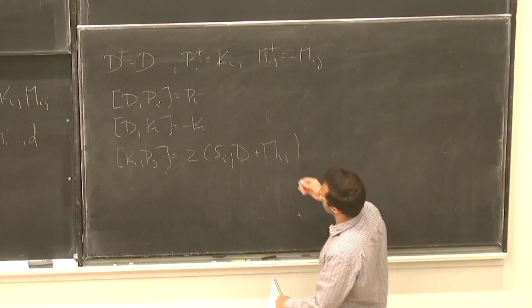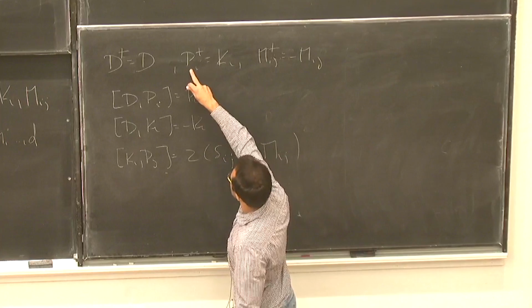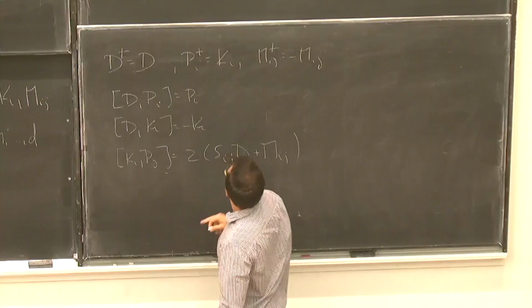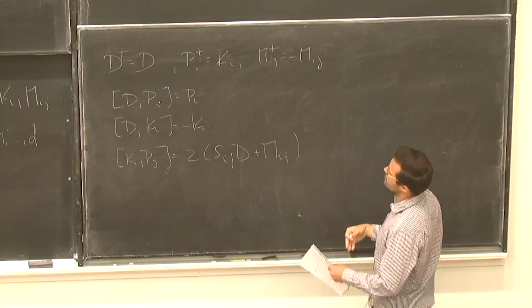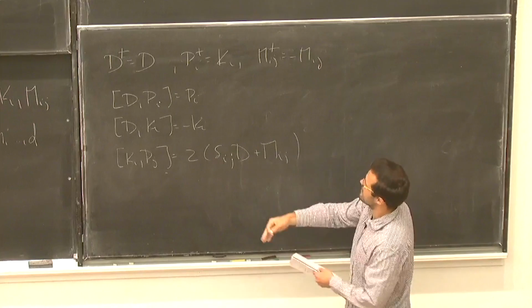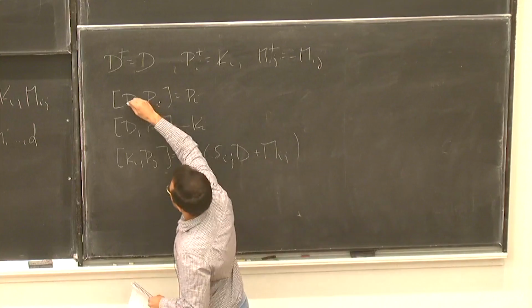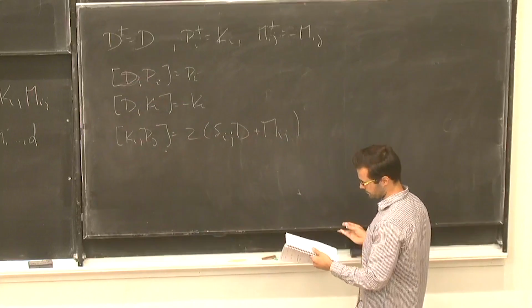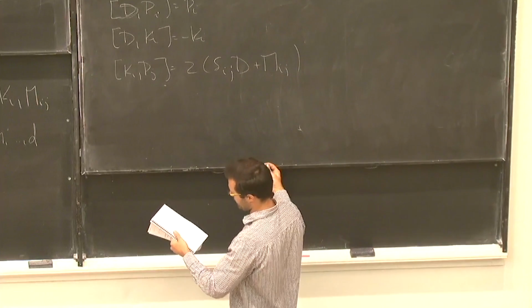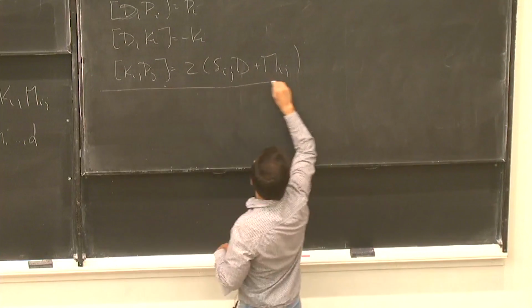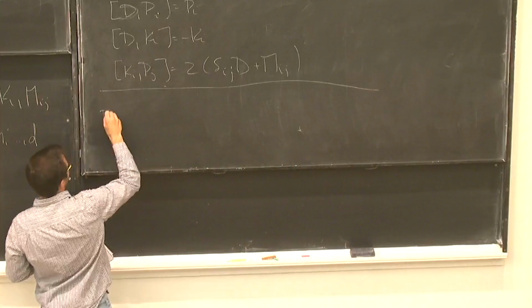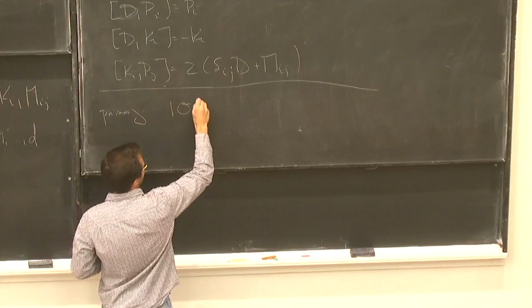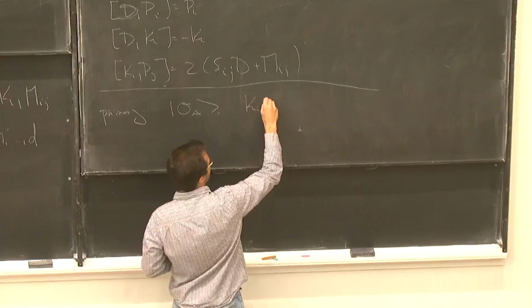So this really means that we can think of P as a creation operator and K as an annihilation operator with respect to the number operator D, and M_ij sort of goes along for the ride, and it furthermore rotates us within a given subspace of a D eigenvalue. I think this is a review for all of you, so I won't go into the details, but basically it means that every representation can be built upon a primary operator, primary state, which is defined by K_i annihilating it.